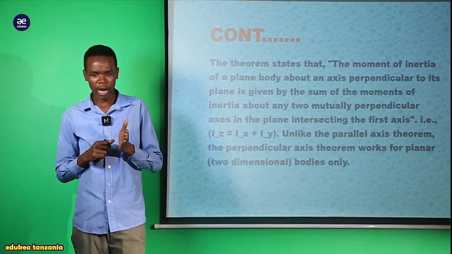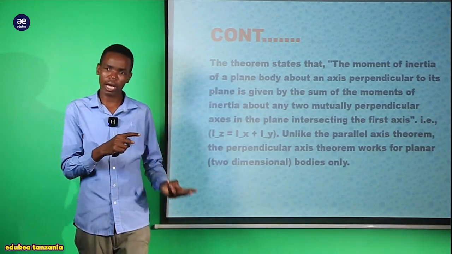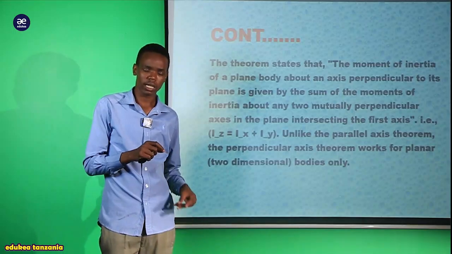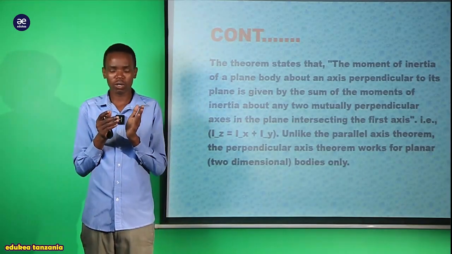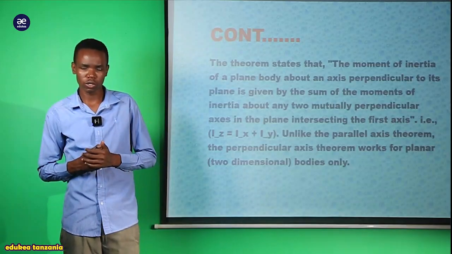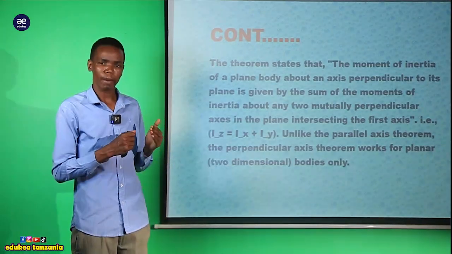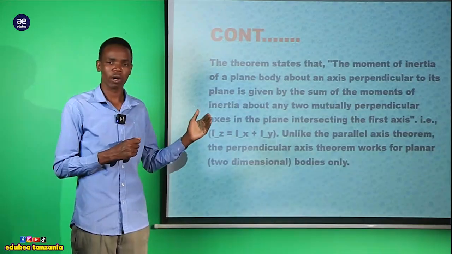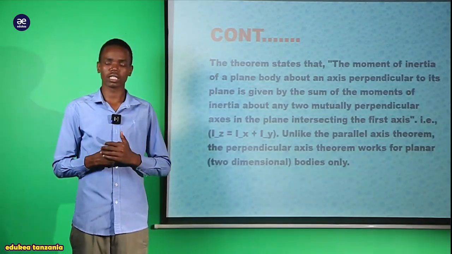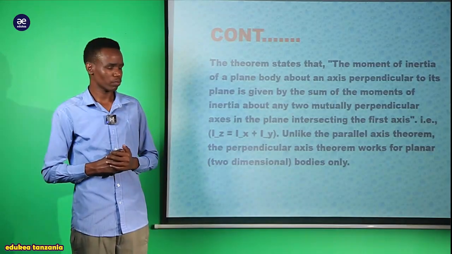One is vertical and the second is horizontal. They make 90 degrees. That is why we say they are perpendicular, and they produce our law, the perpendicular axis theorem.